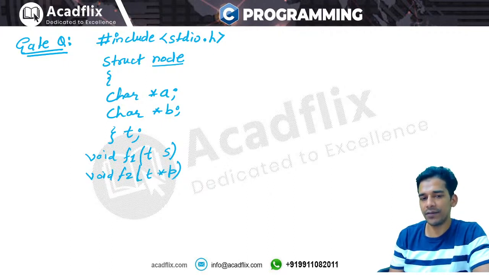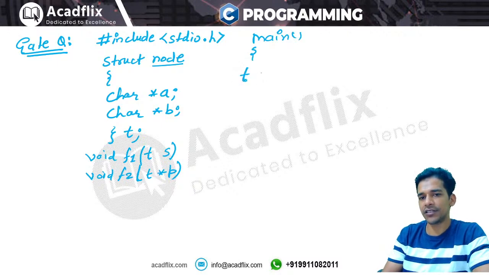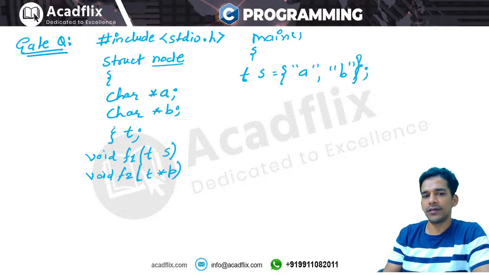T is a data type and p is a pointer of type T. Then we have a main function, and in it we have initialized this T structure with a variable s initialized with "A" and "B". So we have two strings, A and B, and that means inside a we will have the address of A, and inside b we will have the address of B.